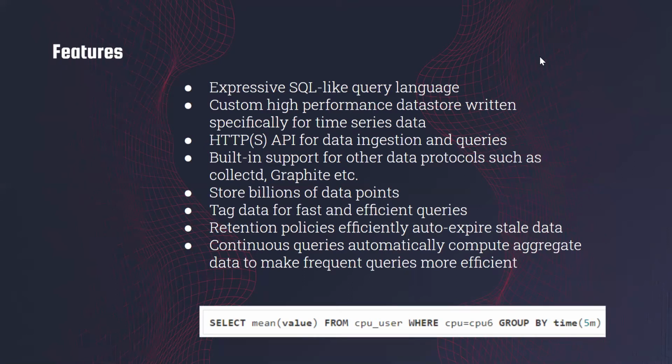This makes queries fast and efficient. It also has retention policies that efficiently auto-expire the stale data, and continuous queries that are automatically aggregated to make the frequent queries more efficient.